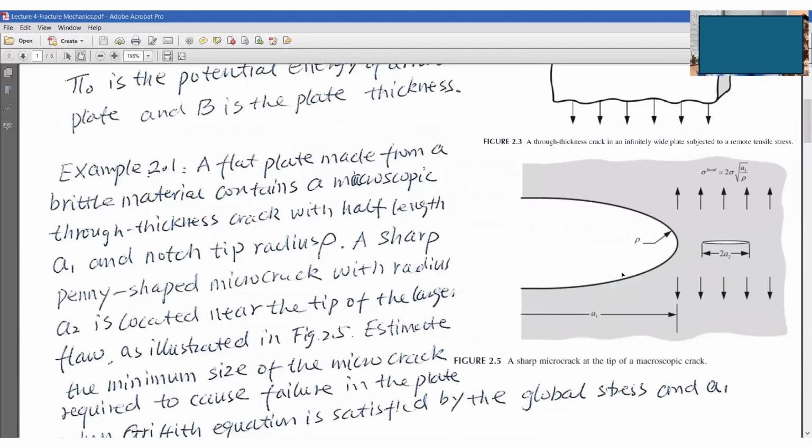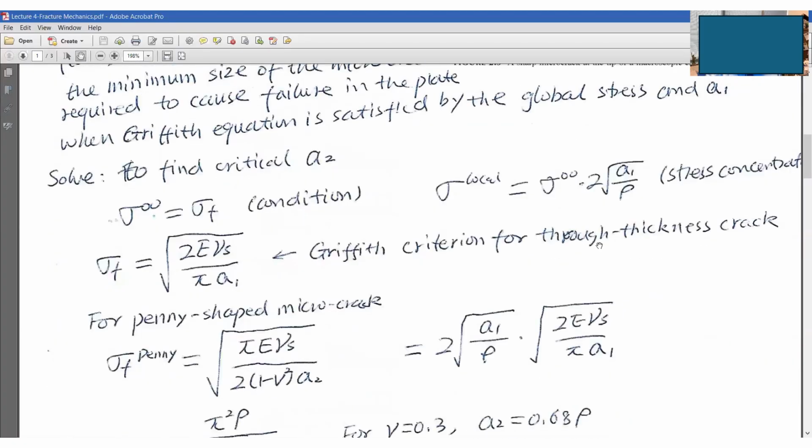Suppose we have a remotely applied load far away from this crack tip. The local stress can be written in terms of this equation because of the stress concentration.